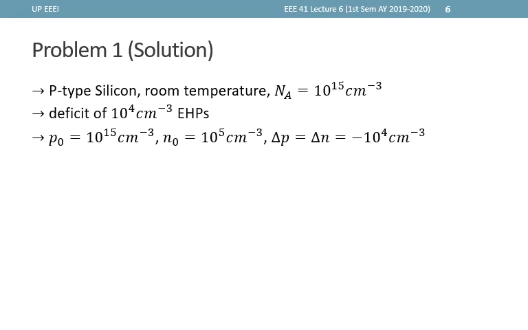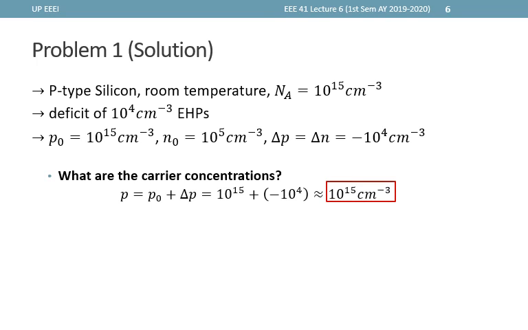So here we write the information we obtained so far. So we have p naught, n naught, delta n, and delta p. The next question is, what are the carrier concentrations? So this time we are asked for n and p. So for p, using the values we obtained for p naught and delta p, we just need to add p naught plus delta p.